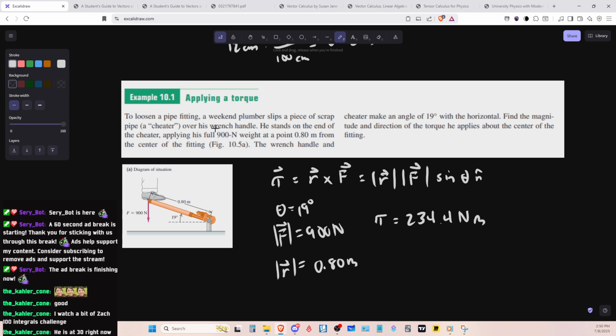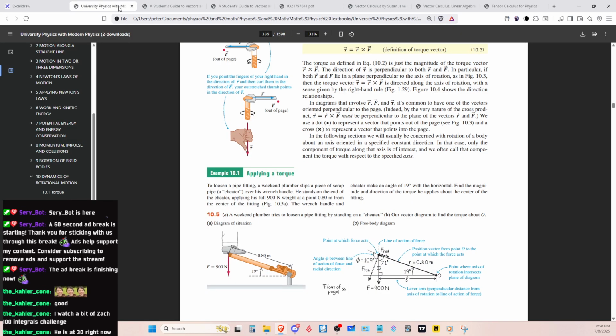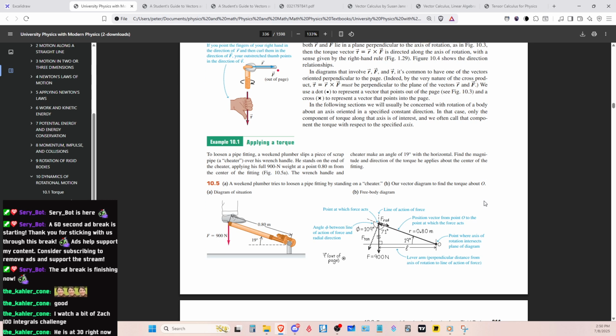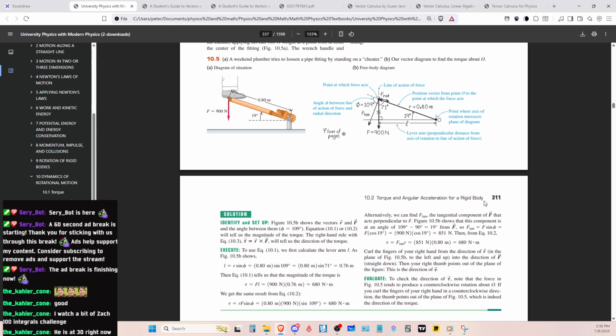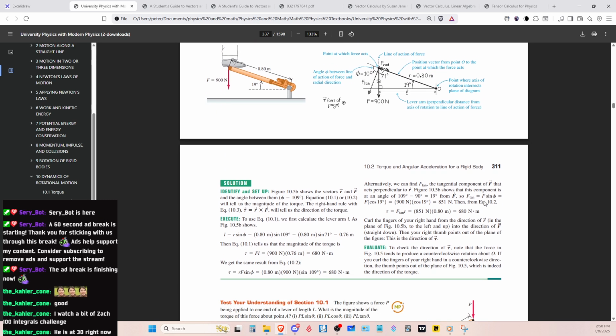Now, is that the answer that they get in this book here? Or do I have to do some crazy conversion technique? Yep, I knew it. I had to change the angles. Should have known it wasn't going to be that easy.